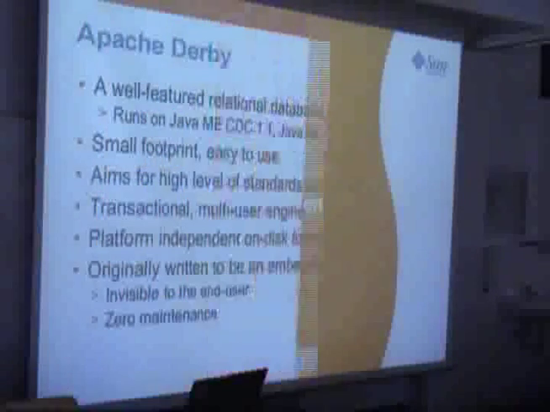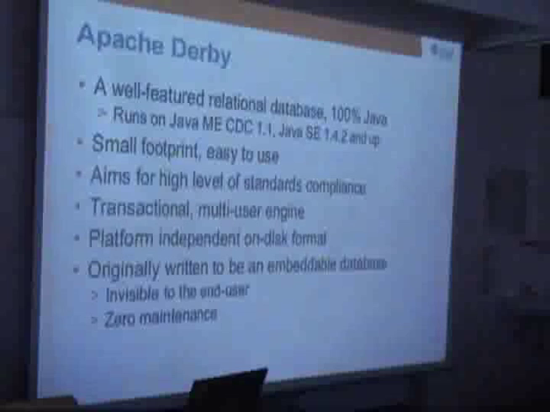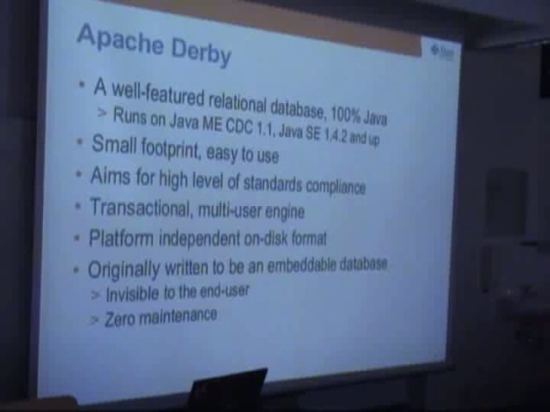So, Apache Derby. It's a well-featured relational database, written 100% in Java. Since it is purely Java, it runs everywhere where you can run a JVM, from fancy cell phones using Java ME CDC 1.1 and from Java 1.4 and up. So this can run on your phone, on the desktop system, or even on a mainframe.